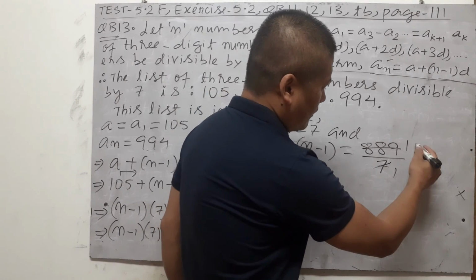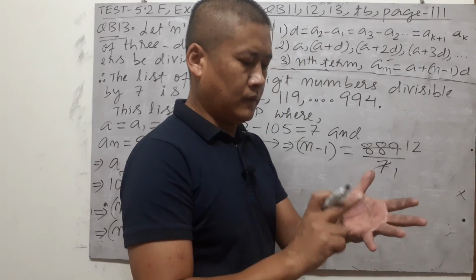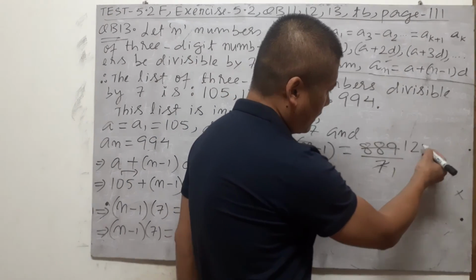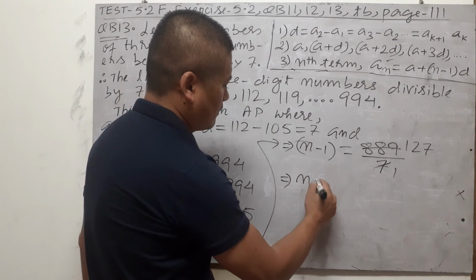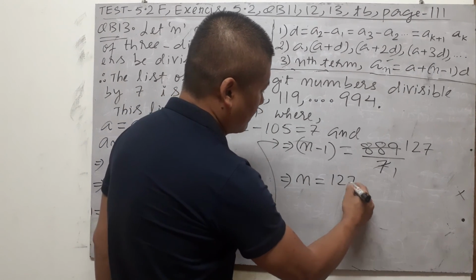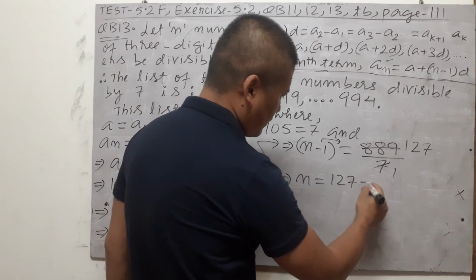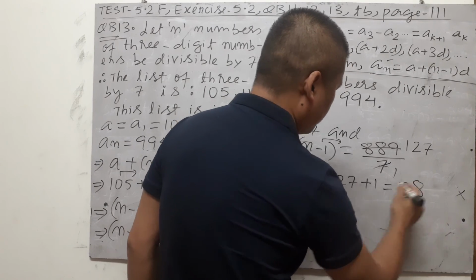So the number that goes with the 7 timetable is 7 twos are 14, 15, 16, 17, 18, 4 remainder. So 4 will go to the left of 9, 49. 7 sevens are 49. So n minus 1 will be equal to 127. Minus 1, you shift to the right side, plus 1. So n value is 128.